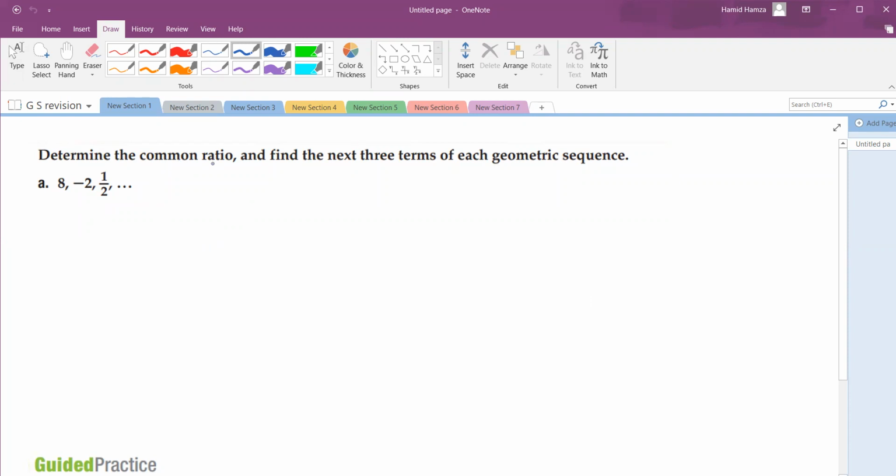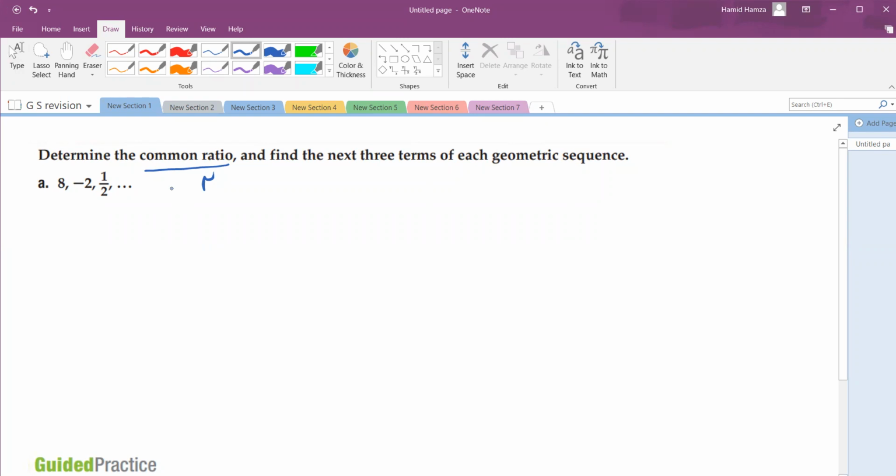Common ratio, or R, like this. And it's very important for any geometric sequence to know its first term and its common ratio to solve any question concerning the geometric sequence.